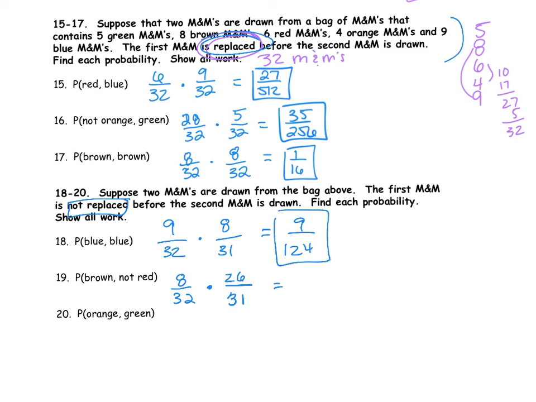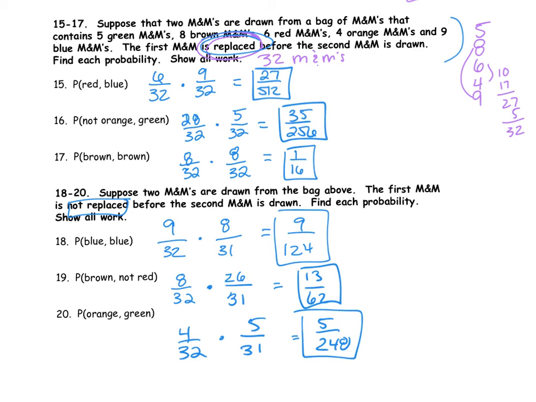So 8 out of 32 times 26 out of 31 gives us 13 out of 62. And then probability of orange would be 4 out of 32, and then green would be, why can't I find green? 5 out of, again, 31. So 4 out of 32 times 5 out of 31, 5 out of 248.